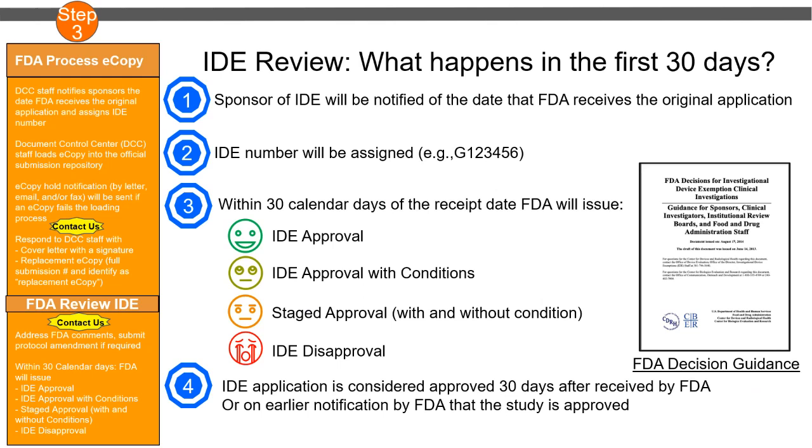Staged approval, meaning that some part of the study is approved with conditions to meet, while the remaining part is approved without condition. And then exempt status or disapproval. Technically, 30 days past IDE submission should mean approval, unless the FDA communicates with a message for clinical hold, application disapproval, or request for additional information.